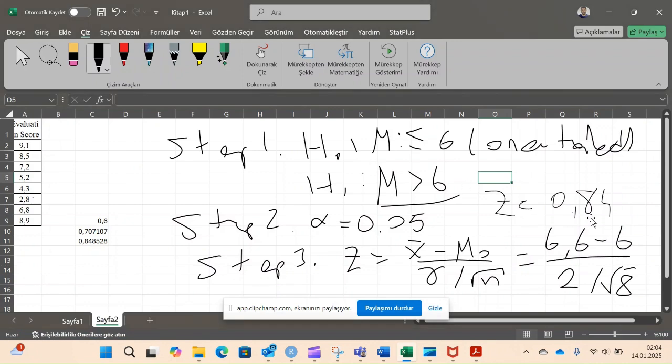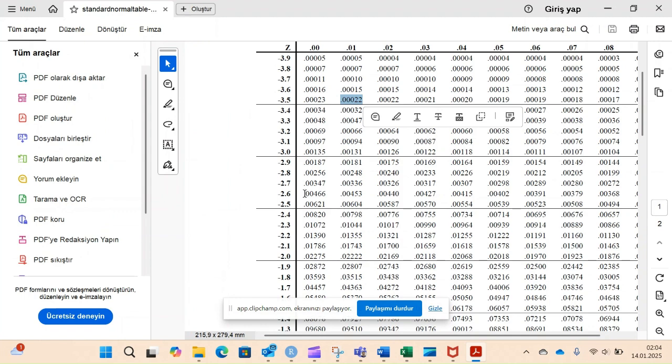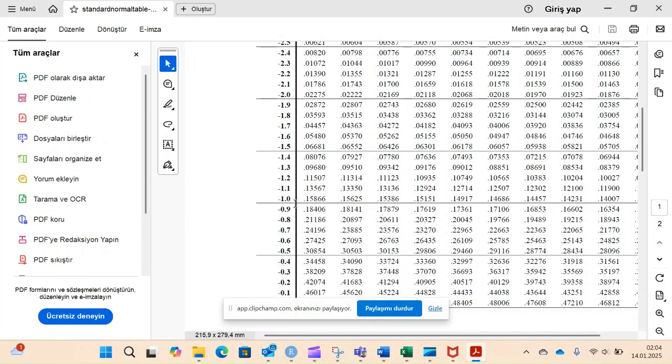So 0.84. For checking the 0.84 from the table, we will first find the 0.8, the first digit from that column, and we will follow that row and find the second digit from the table.